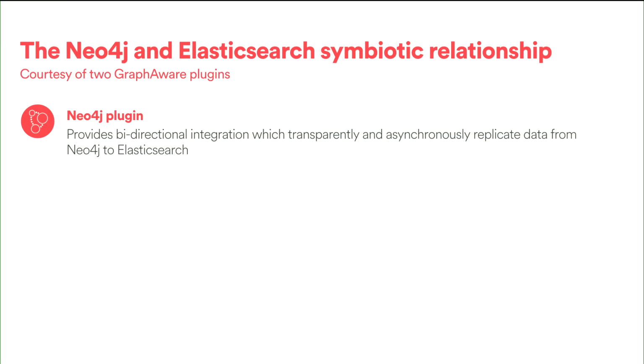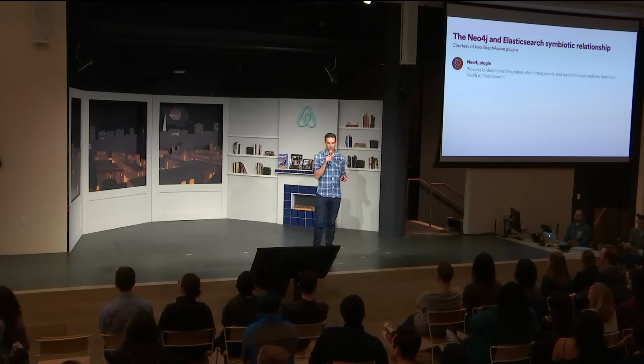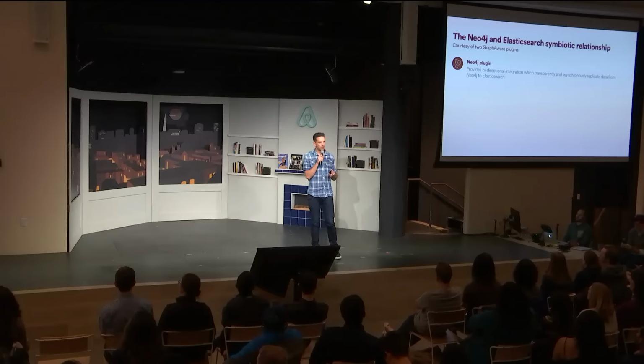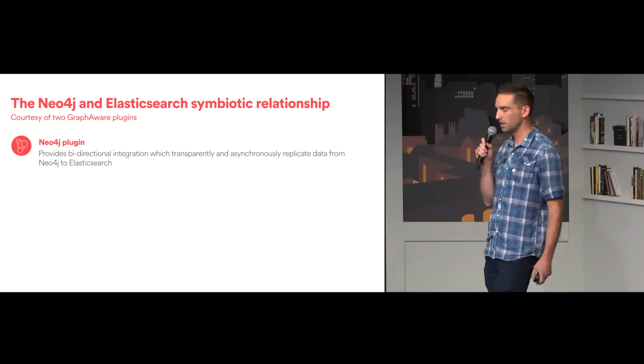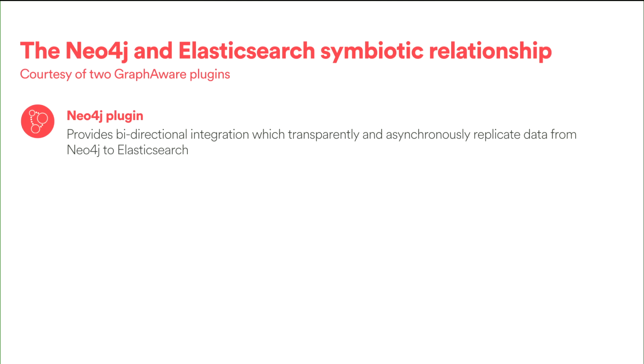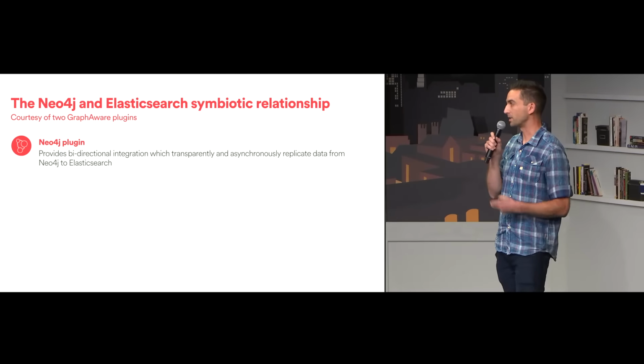There's a really beautiful symbiotic relationship between Neo4j and Elasticsearch. And this is all courtesy of GraphAware, which is a third party, and they provide some plugins. The first one lives in Neo4j, and it asynchronously syncs all the data from Neo4j to Elasticsearch. That means we passively manage our Elasticsearch cluster.